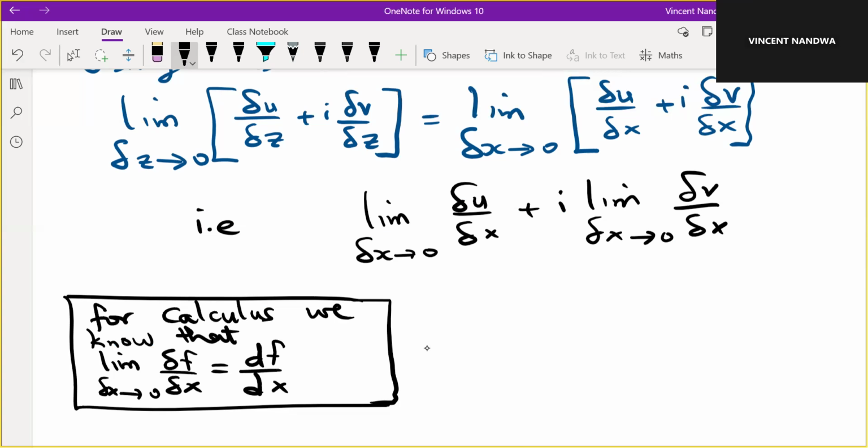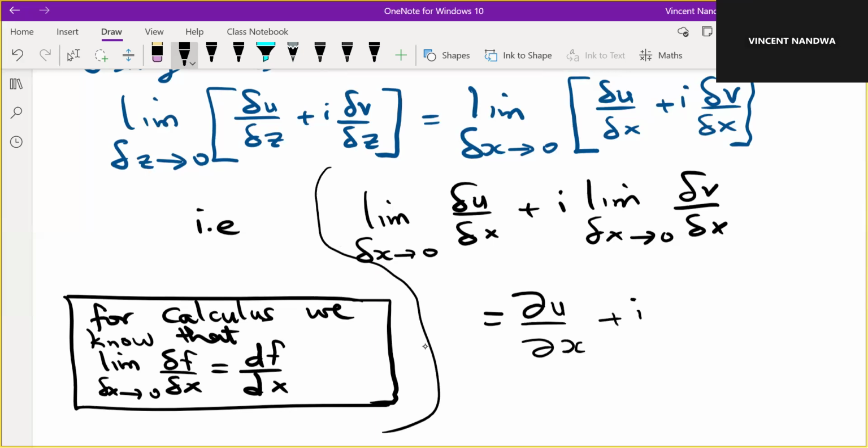But now, because u is a function of x and y, and v is also a function of x and y, we have the same interpretation, but the derivative now becomes partial, not the ordinary derivative. So this will be the same as partial u partial x plus i partial v partial x. And this is the same as just saying the derivative of the function f.